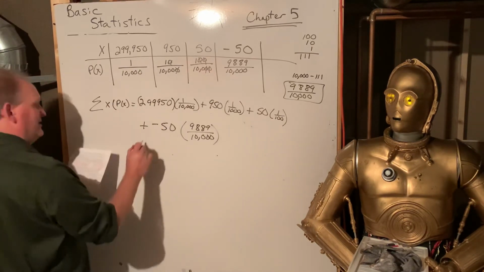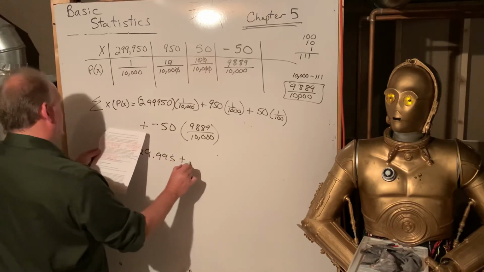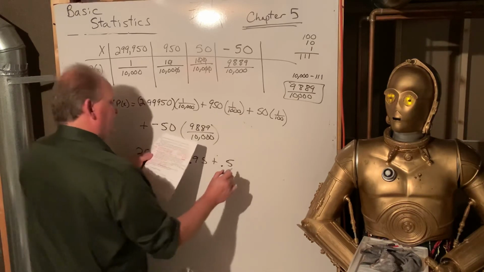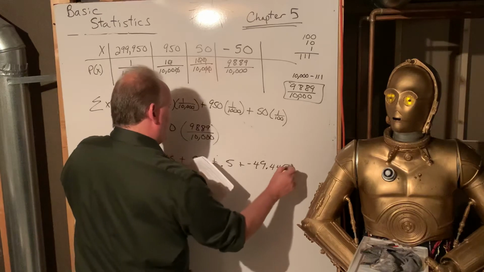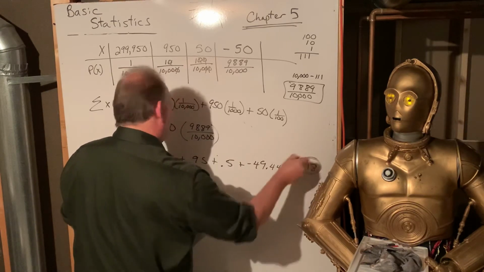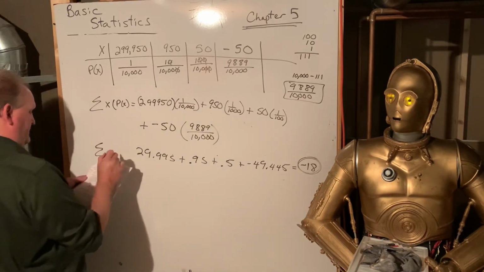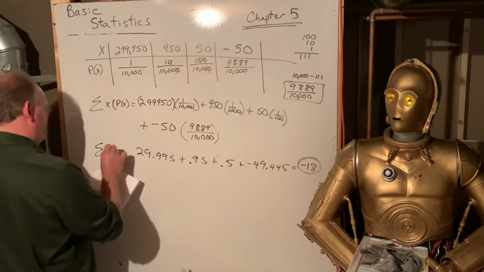Let's see here. This is 29.995 plus 0.95 plus 0.5 plus negative 49.445. That's negative 18. That's a negative value. So if it were a fair game, but raffles usually aren't fair games.